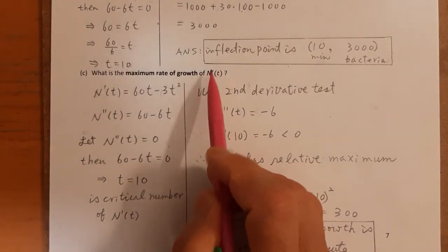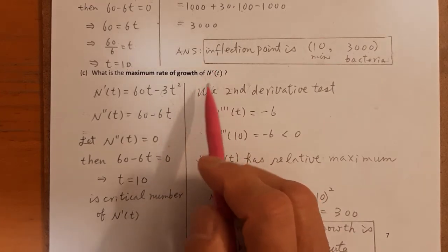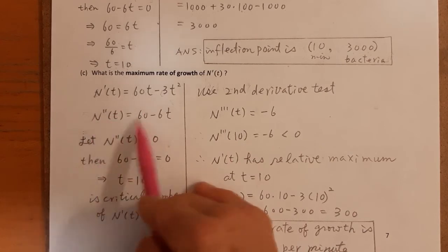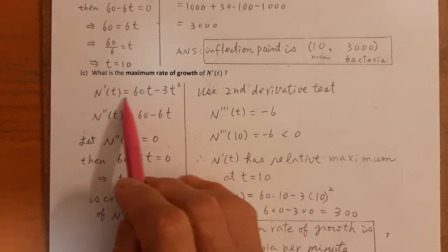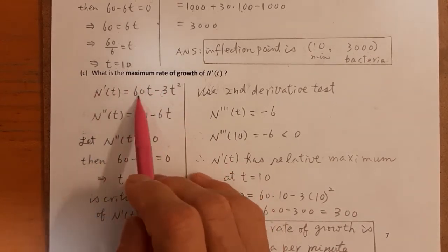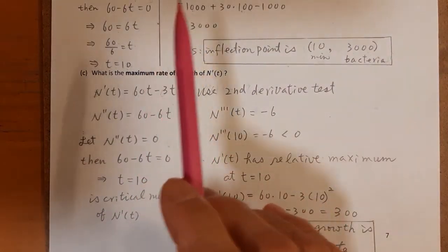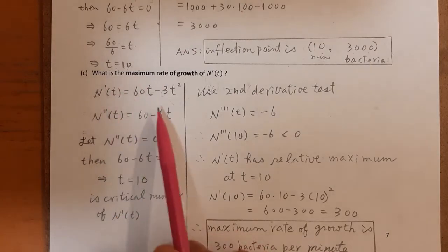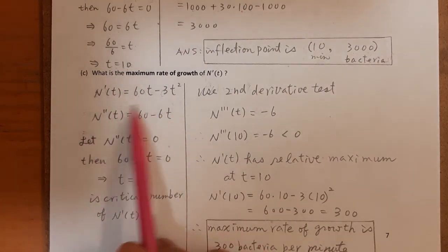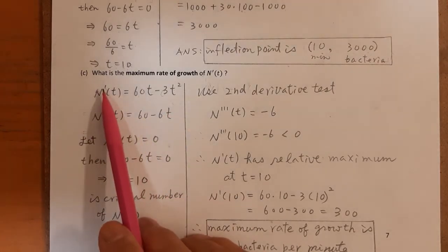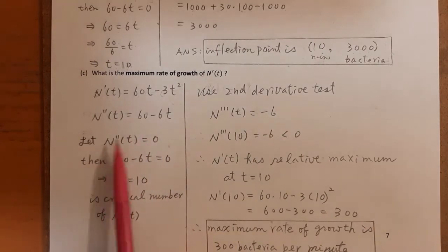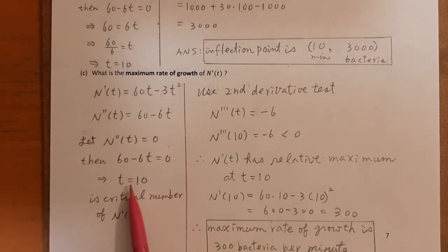For this function you need to take the first derivative, which is N double prime. N prime of t we already found in parts a and b, and we take the derivative of this to get N double prime. You let this first derivative equal 0, solve for t, and get t equal 10.